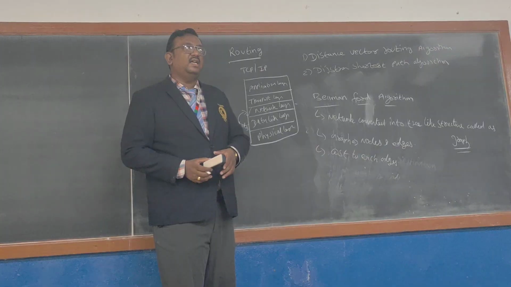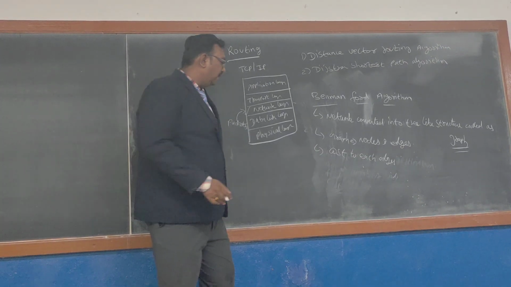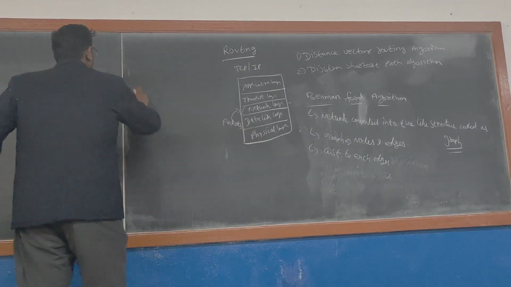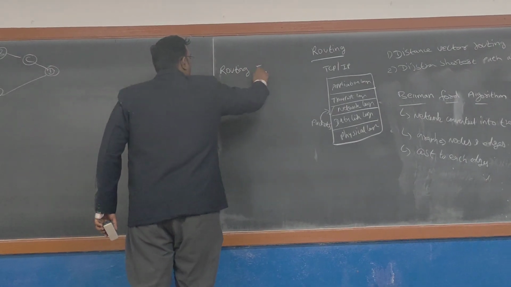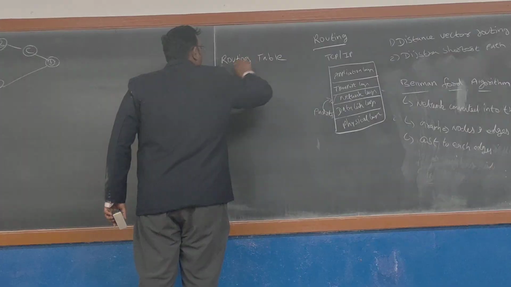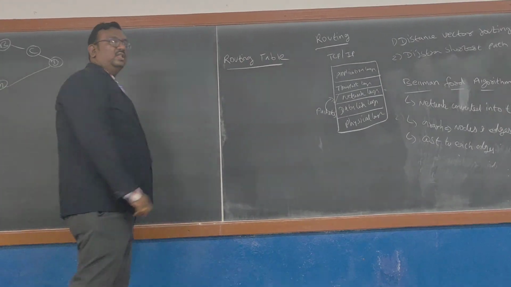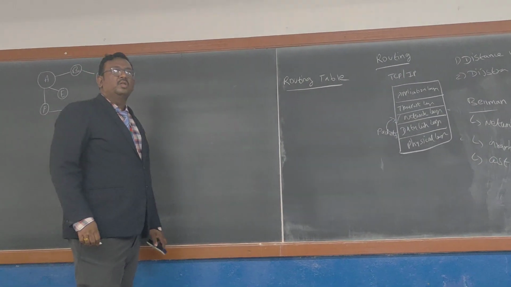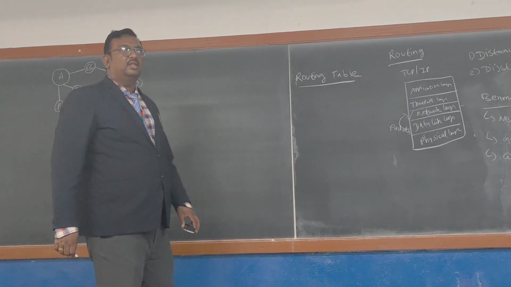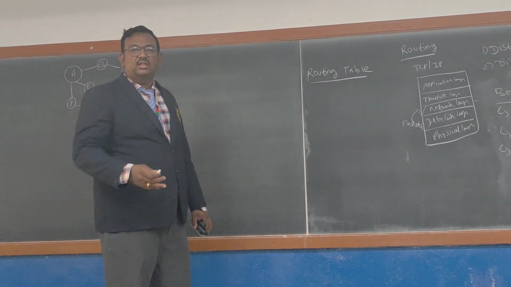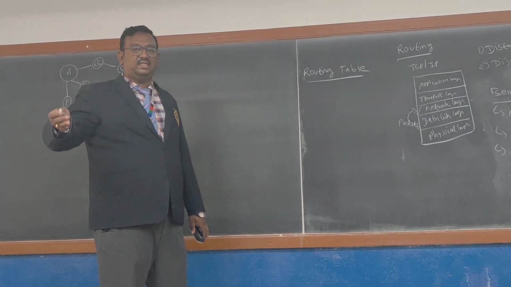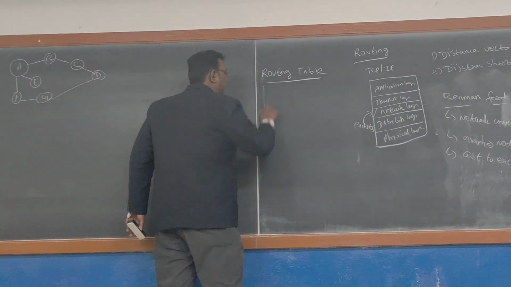All these details are noted in a table called the routing table. The job of the routing table is to keep track of the nodes the packet will pass through to reach the destination.